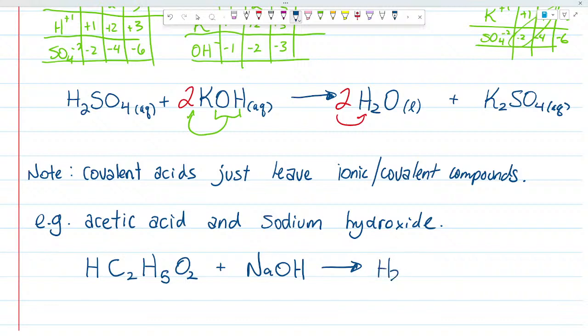We're going to end up with water, and we'll end up with NaC2H5O2, and that'll be dissolved in water. That'll be a liquid. And because there's only one hydrogen here, this is a nice 1-to-1 ratio. The main thing to note is that covalent acids work exactly the same way. Exactly the same way, they produce water.